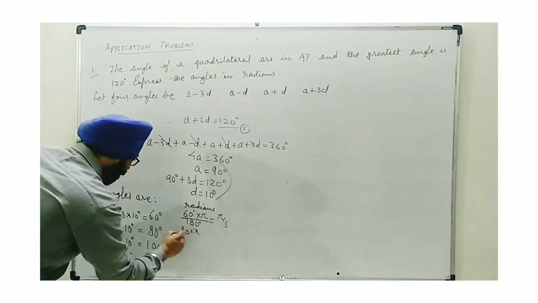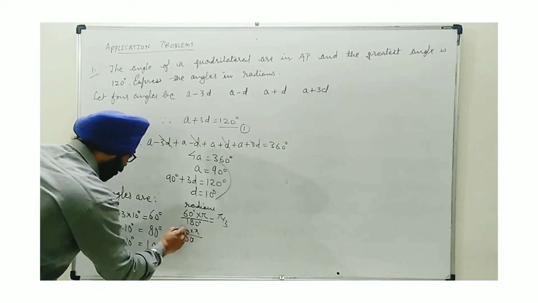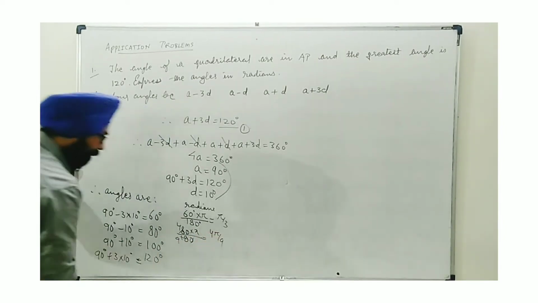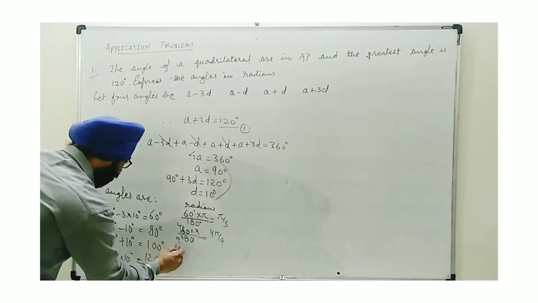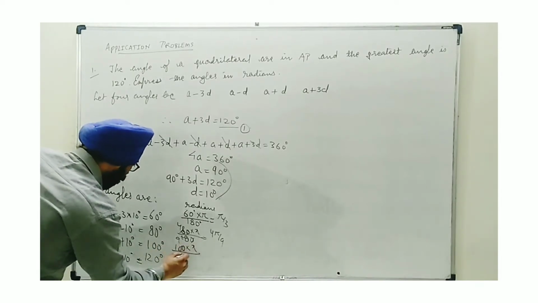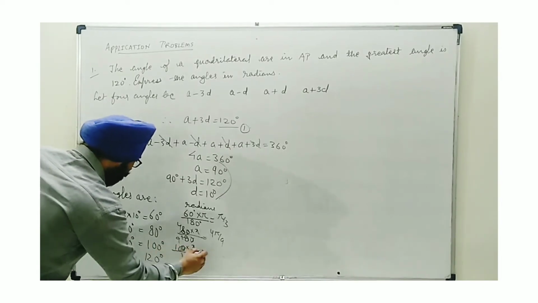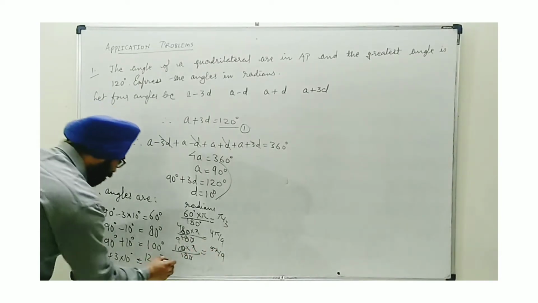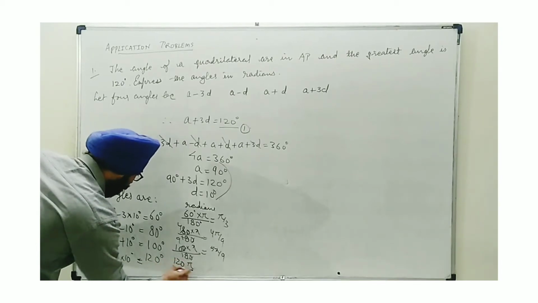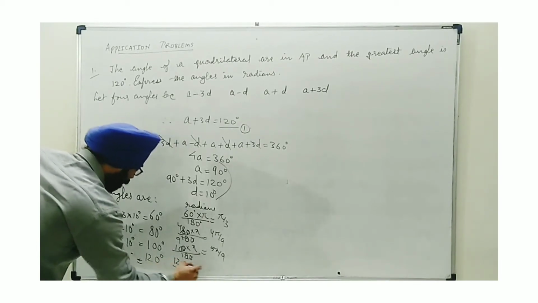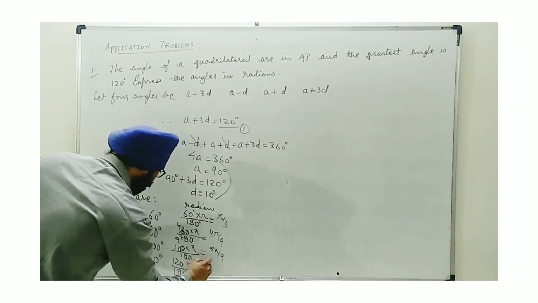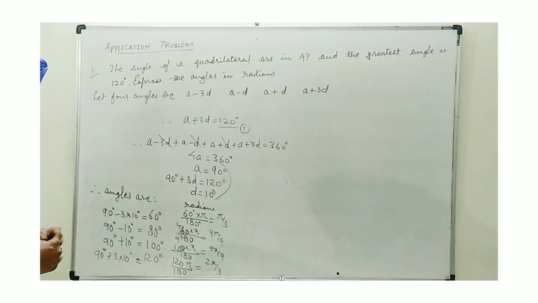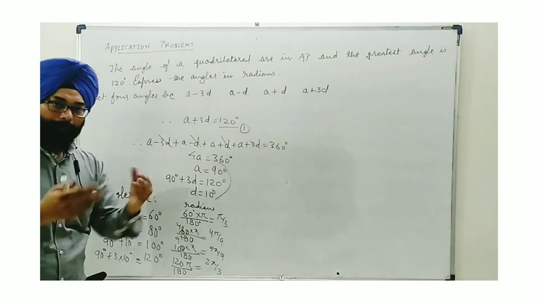Similarly, 80 into pi by 180, we will get 4 pi by 9 radian. 100 into pi by 180, we get 5 pi by 9. 120 pi by 180, when you cancel it out, it is 2 pi by 3.